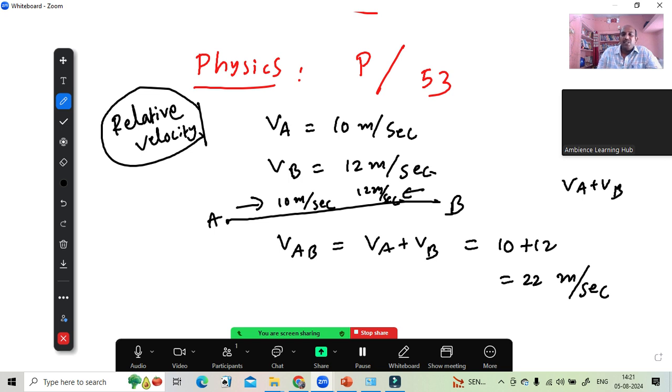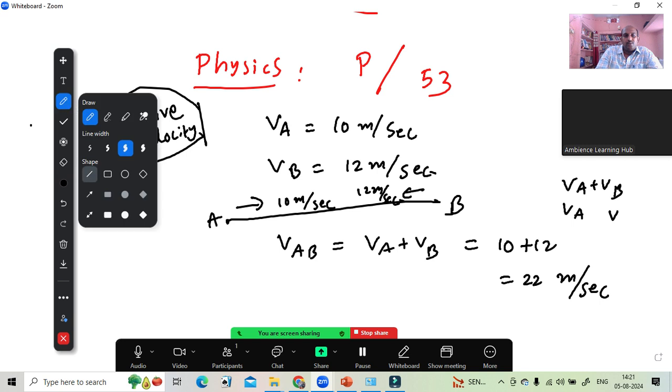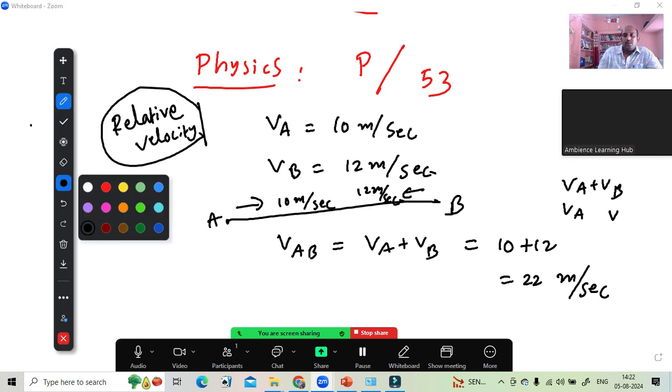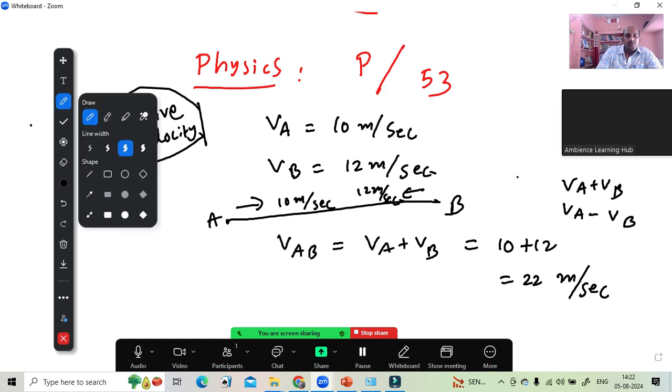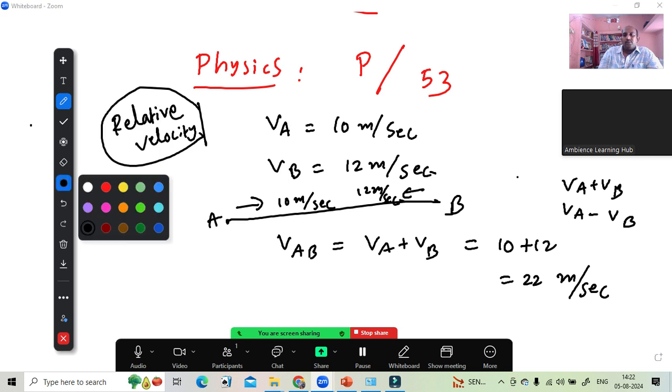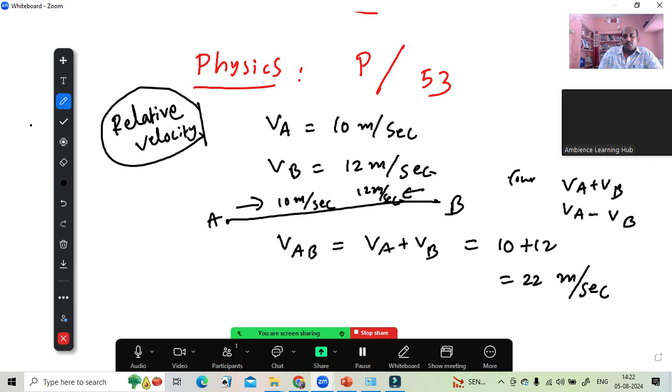If both the objects are moving away from each other, then we need to use VA minus VB. In that case, we use this formula.